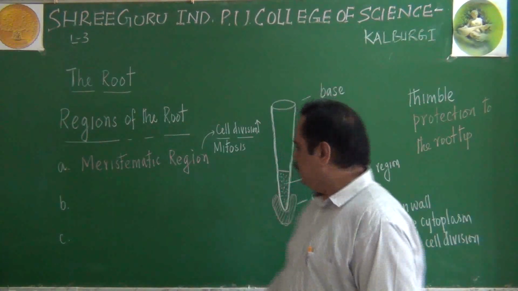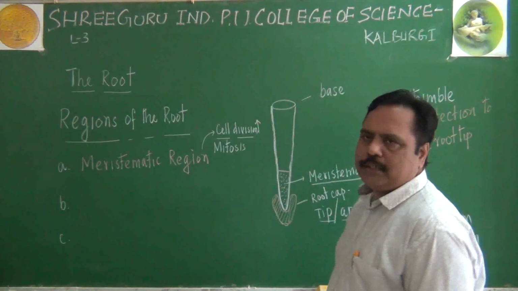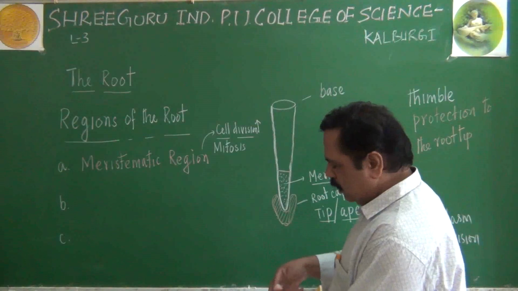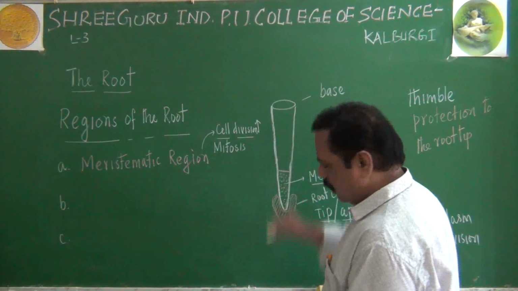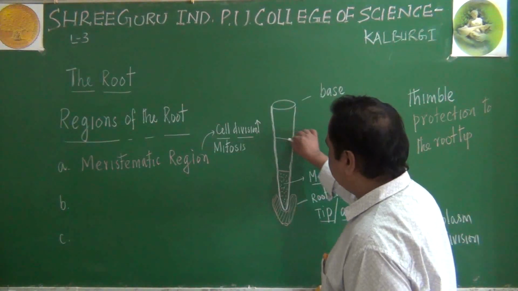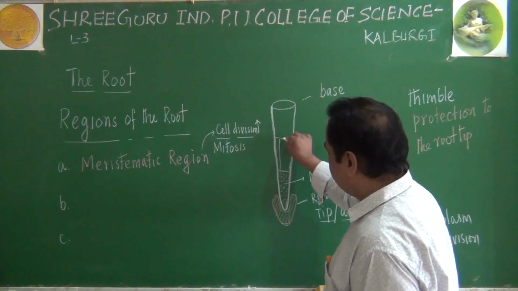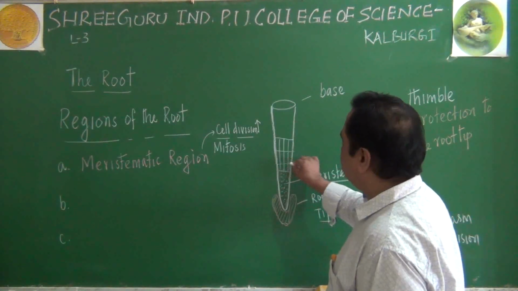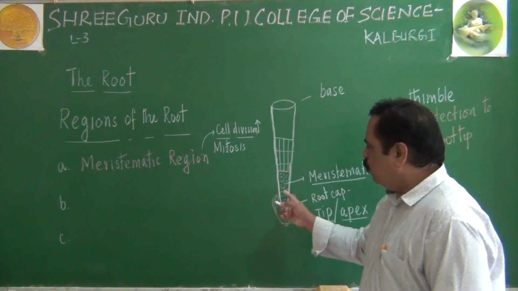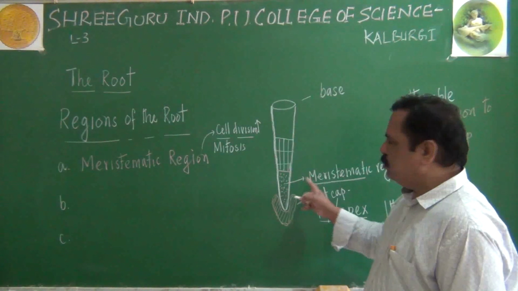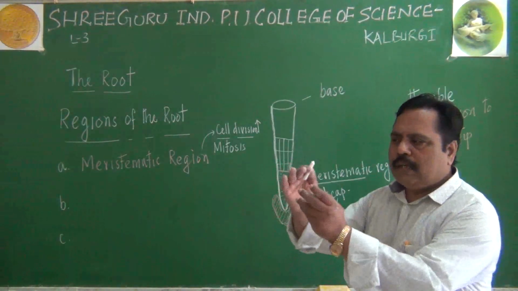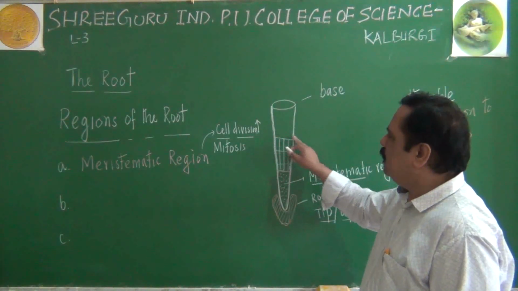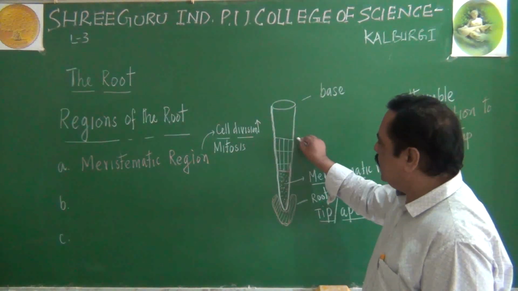Next to that, above this meristematic region, there is another part of the root. This second part contains elongated cells like this. Whatever new cells are produced by the meristem undergo enlargement. They become bigger and start to occupy this second part.